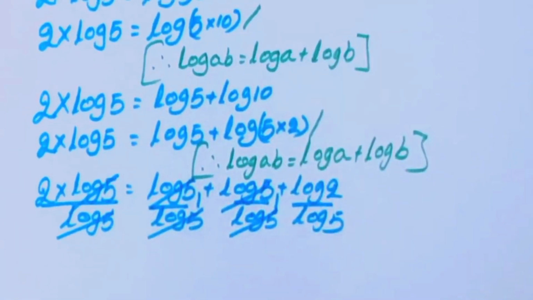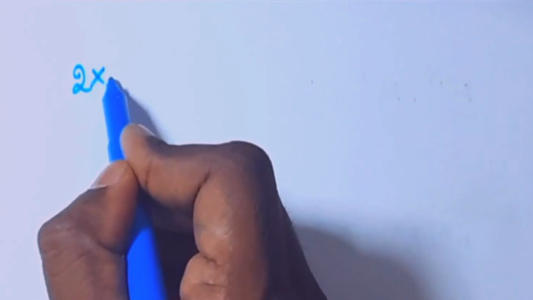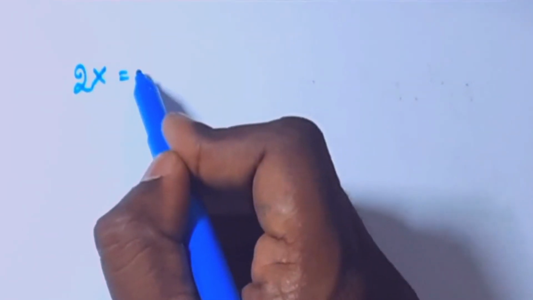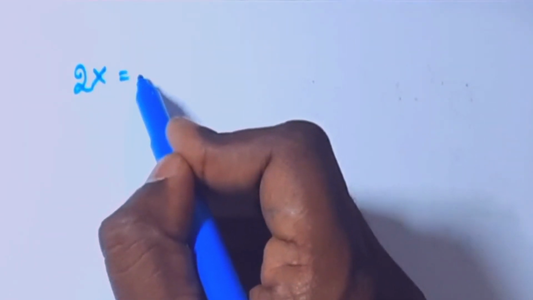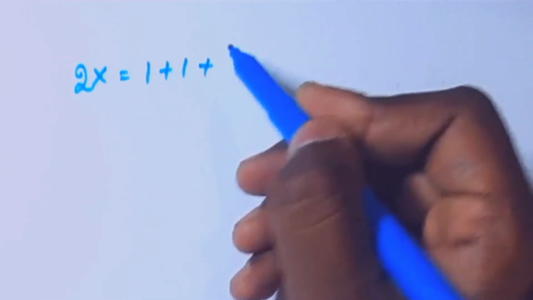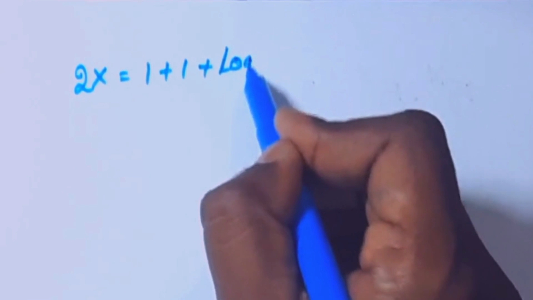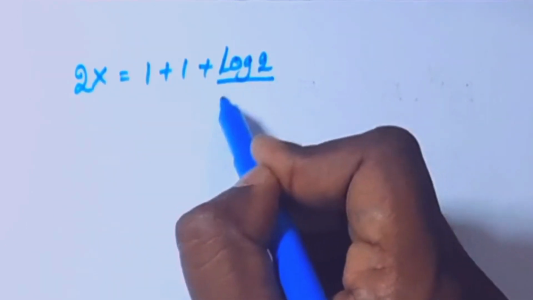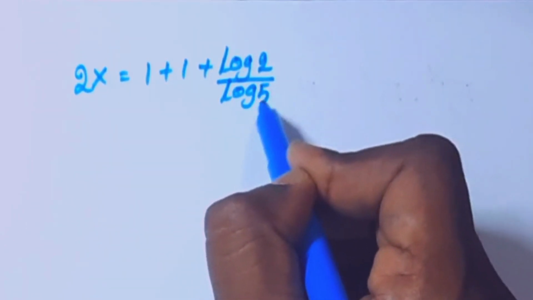So this can be written as 2x equal to, log 5 cancels, so 2x here, 1 plus 1 plus log 2 by log 5.